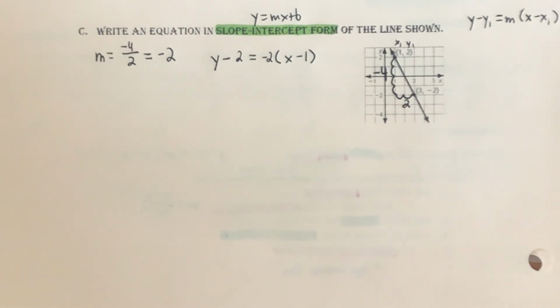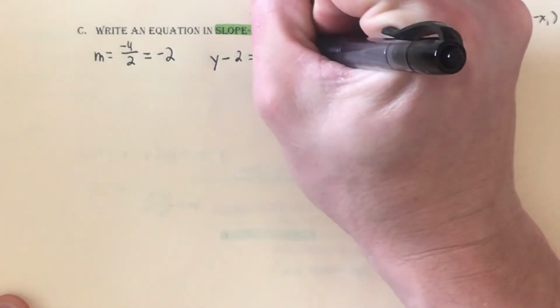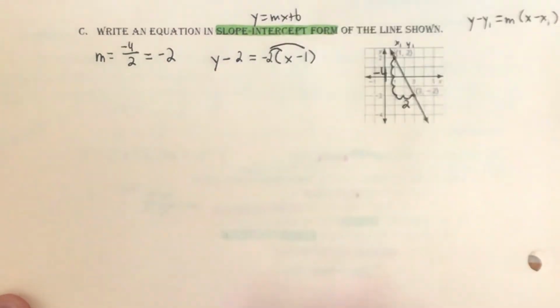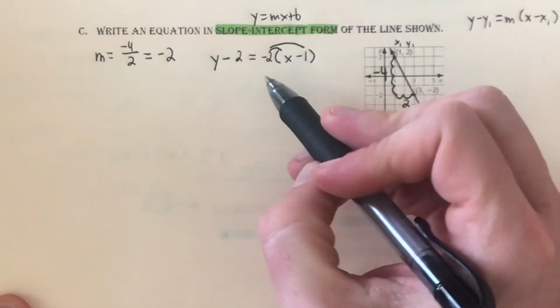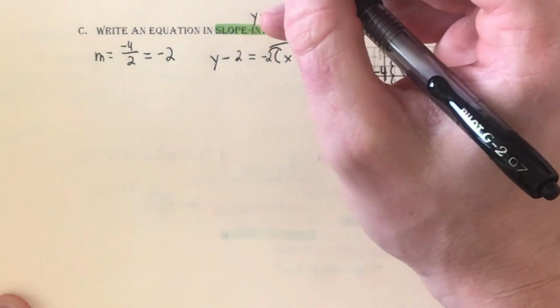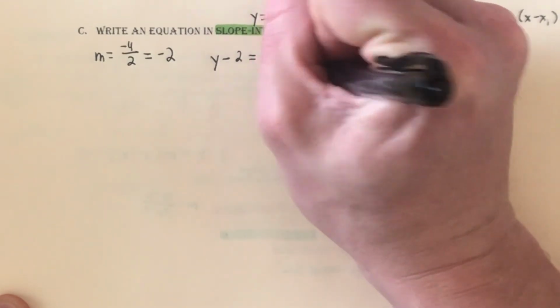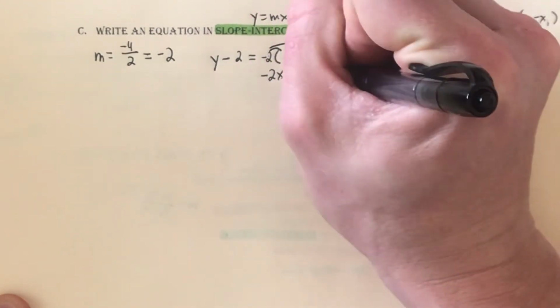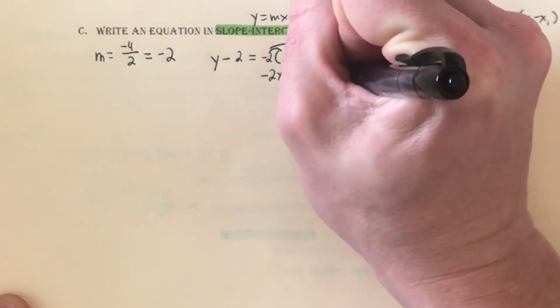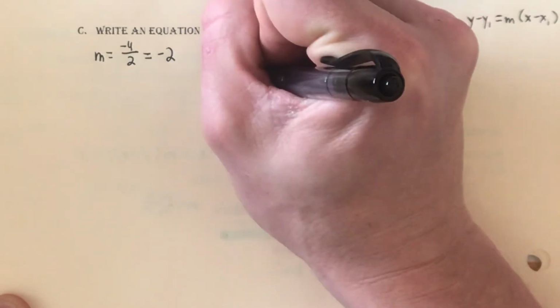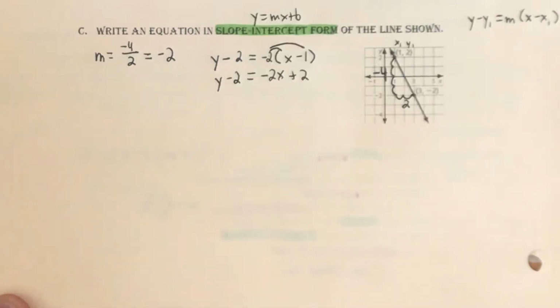According to PEMDAS, the first thing we need to do is distribute this -2 to the parentheses to get rid of the parentheses. So -2 times x is -2x, and -2 times -1 is +2. And that's all equal to y minus 2.